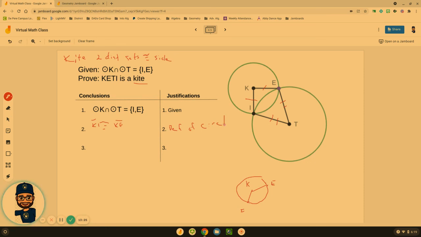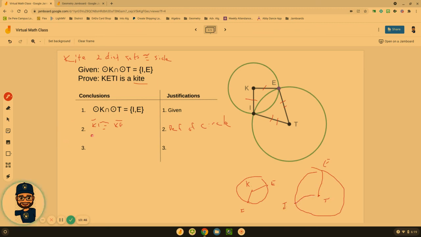All right, if we were to pull the larger circle off and put it out here, we have T in the middle going to E. So there's E. And then we have I over here. How do we know those two segments are also congruent to each other?